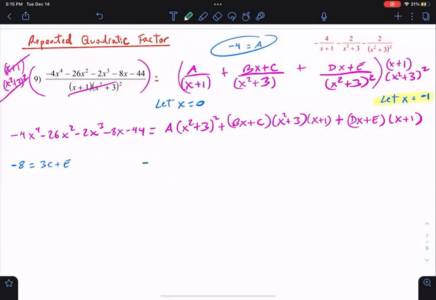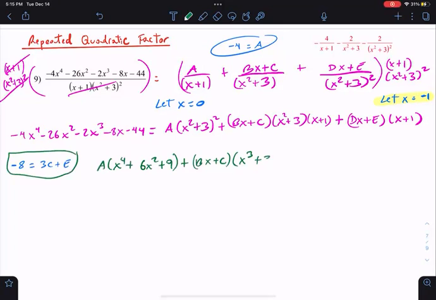So, okay, let me put a little block here. So this is going to be ax to the 4 plus 6x squared plus 9, right? And you have all these things right here. So bx plus c times x cubed, x squared plus 3x plus 3.